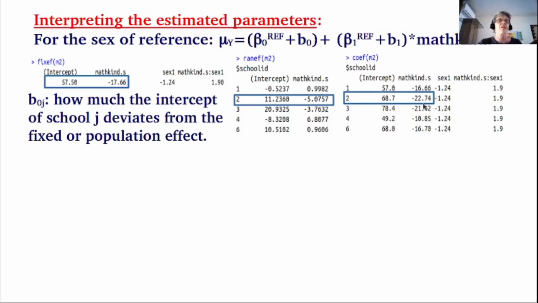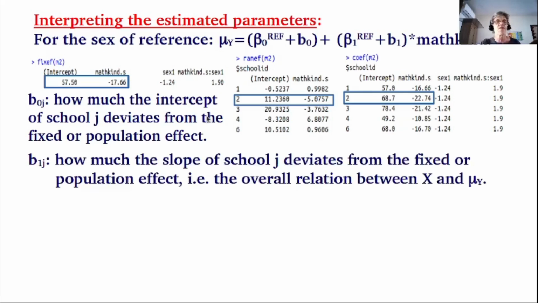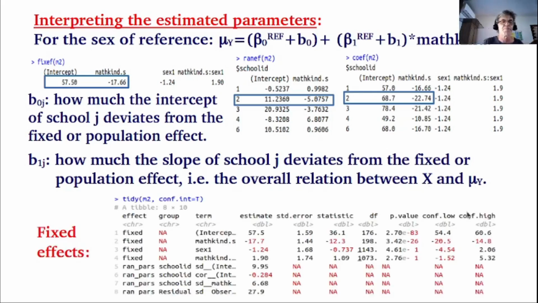So B0J is how much the intercept of school J deviates from the fixed or population level effects, and B1J is how much the slope of school J deviates from the fixed or population level effects. That is telling us the overall relationship between this numerical explanatory variable mathkind and the mean of the response variable.